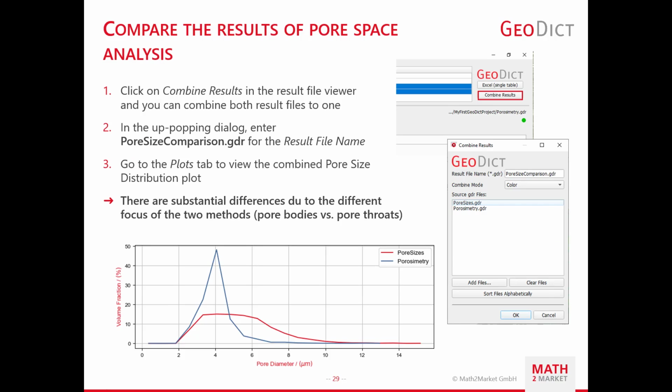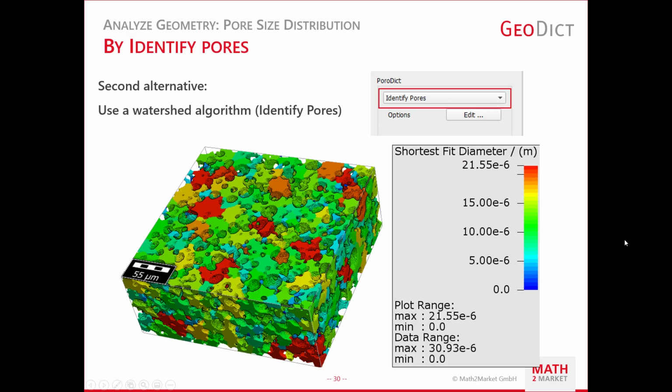Just for the sake of completeness, we can also run a different algorithm, that would be the identify pores algorithm. We won't do that now, but just as a hint, you can do this on your own later on. And then the pores will be identified using a watershed algorithm.